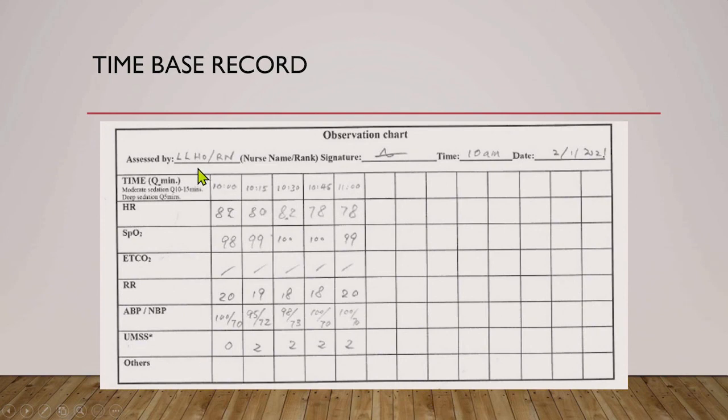You fill in your name as the assessor, signature, time, date, and then the time that you give the sedation, and also you record the heart rate, SpO2. This patient does not have an end-tidal CO2, and so on.